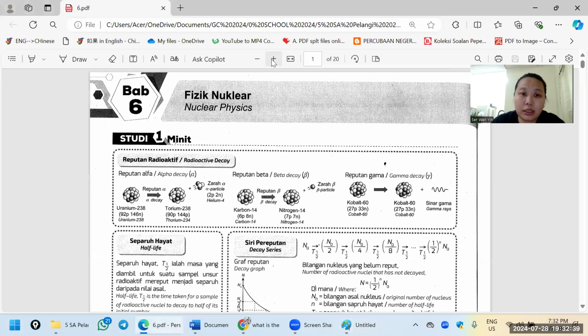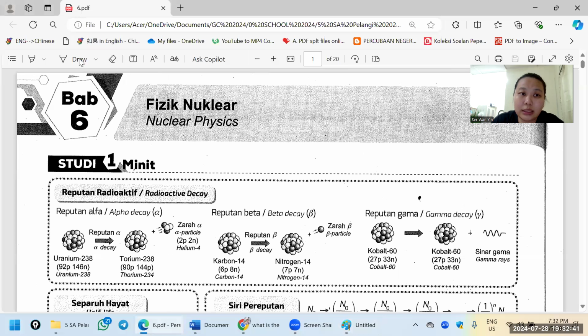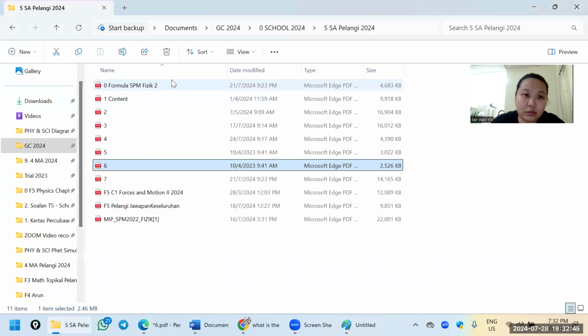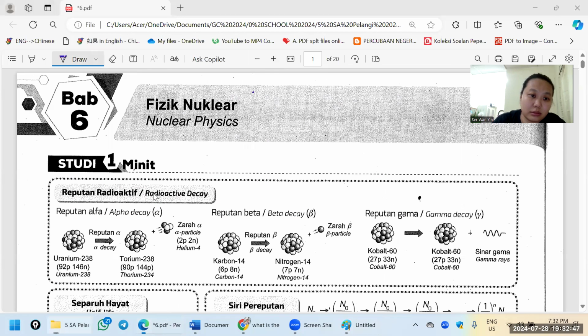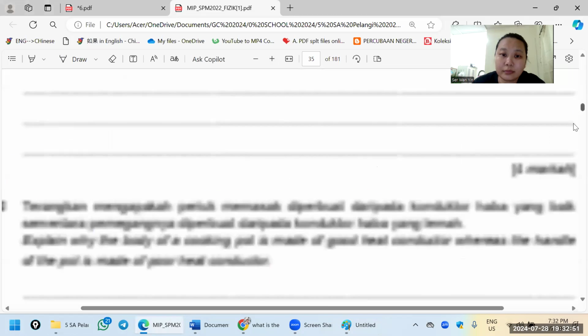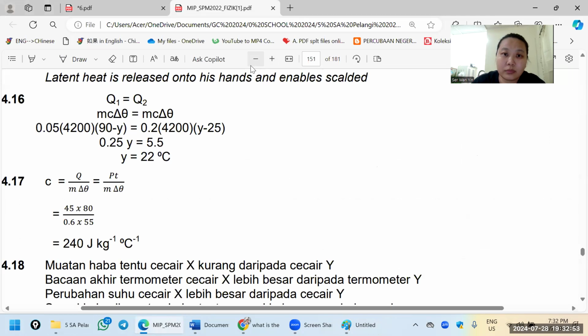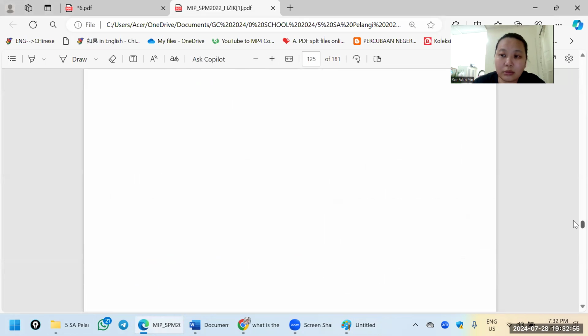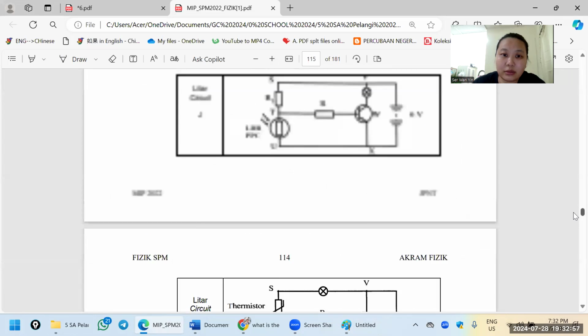Okay, so now nuclear physics. Actually, nuclear physics, you take out this one also. Pick up the module interventions.